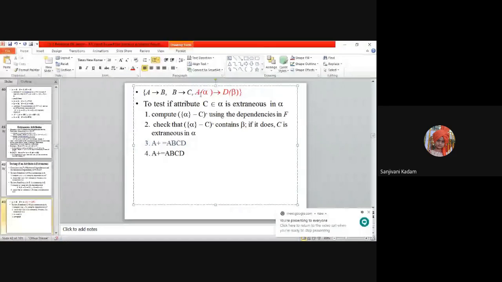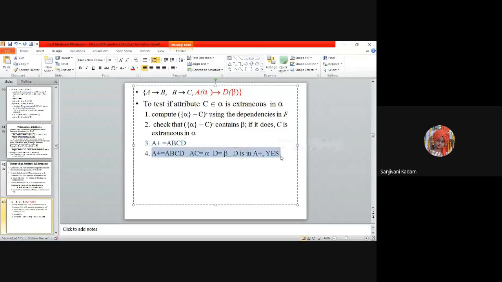AC was my alpha and D was my beta, and now we want to check whether beta, that is D, is a subset of the A closure. Now it is yes, D is a part of A plus. That's why I have not written the last step. The last step was regarding the same, that is computing this closure and checking whether the beta attribute is available in the closure. And hence we can say that C is an extraneous attribute in the given functional dependency.